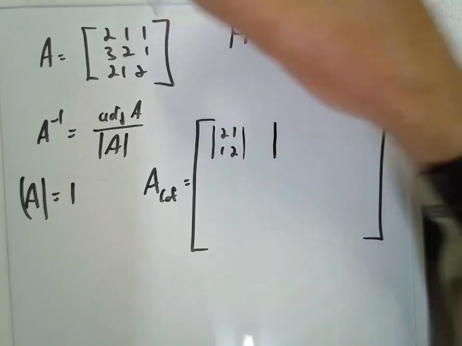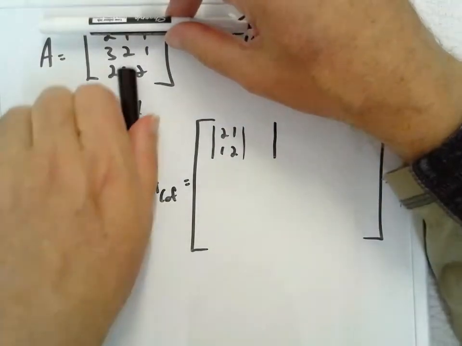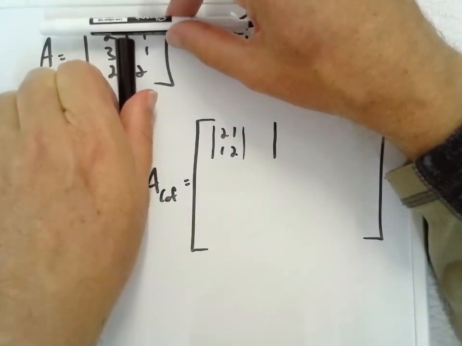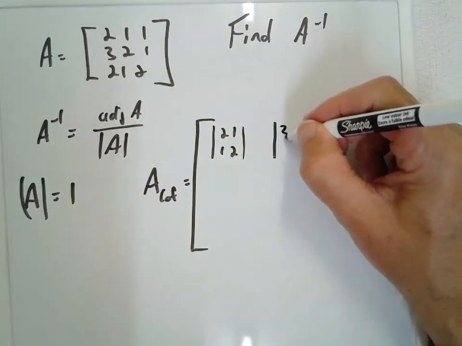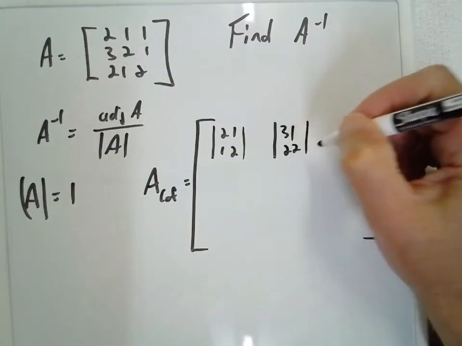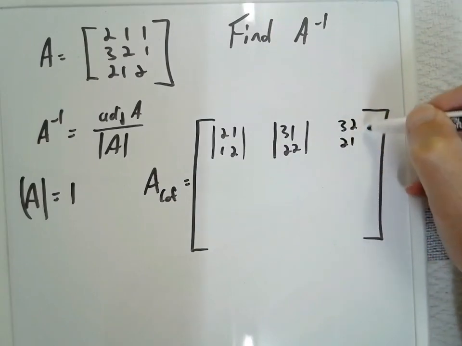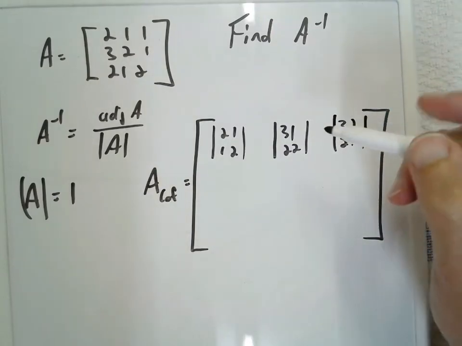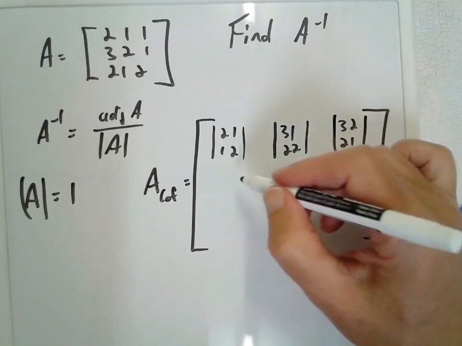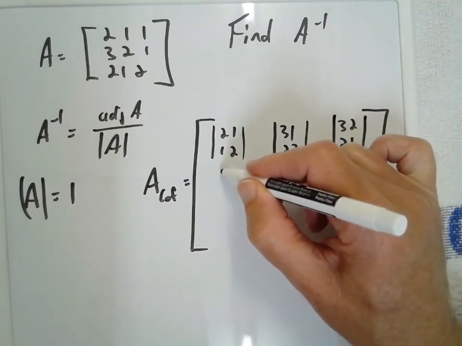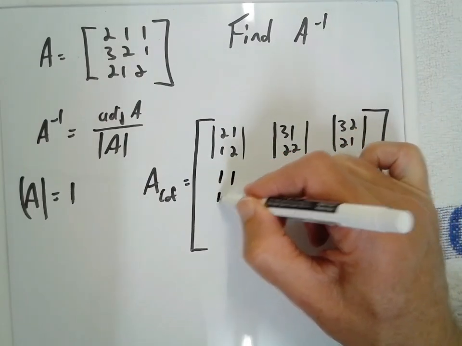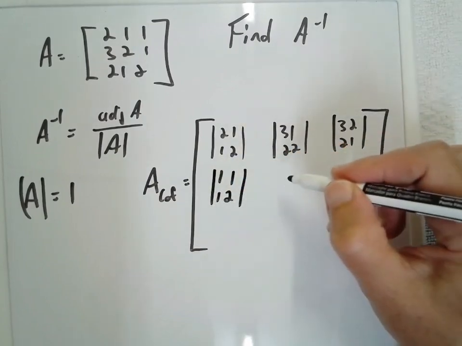The next one, we're going to cross out where the 1 is, and the leftover is 3, 1, 2, 2. 3, 1, 2, 2, and so forth. 3, 2, 2, 1. And we're going to keep going without making a mistake. Easier said than done.